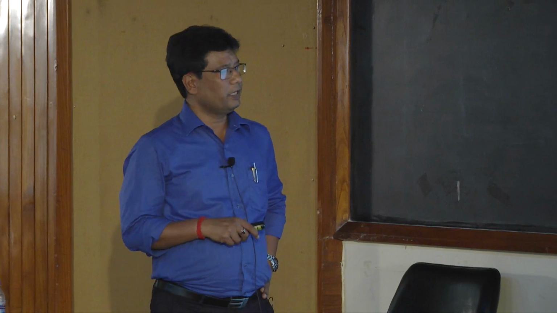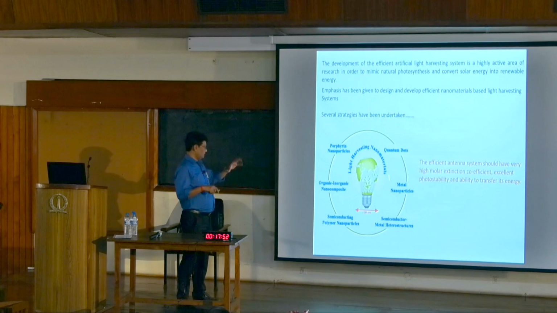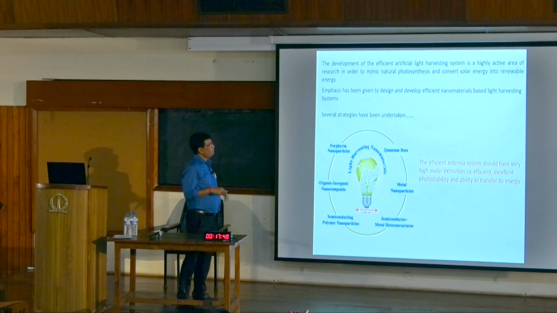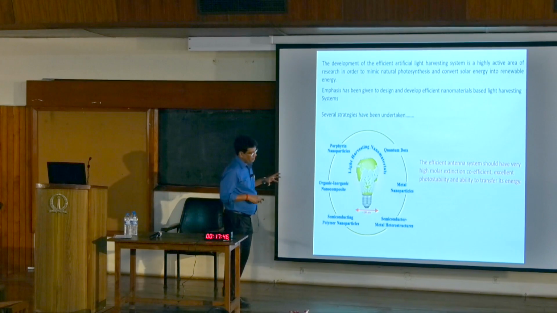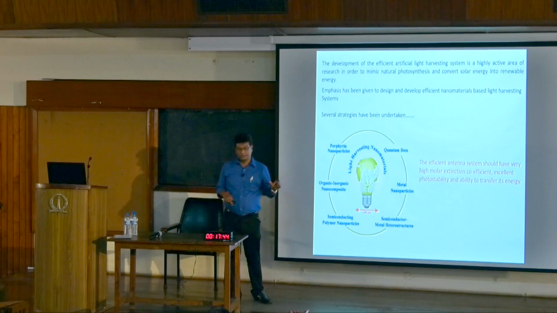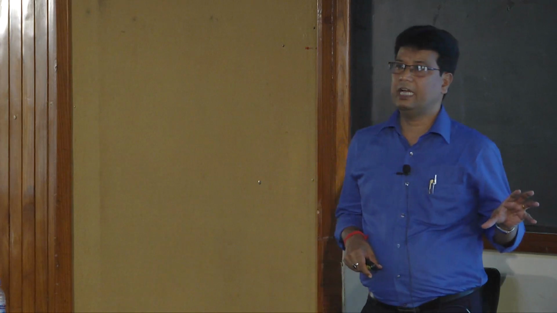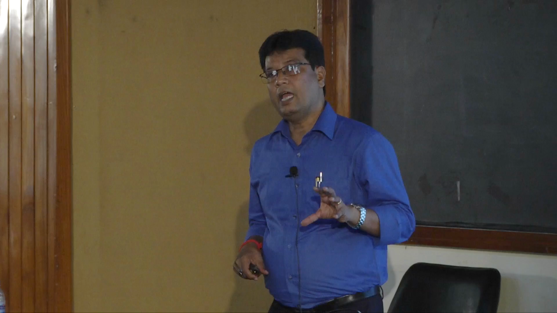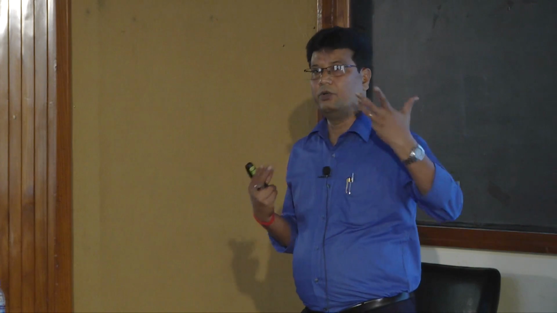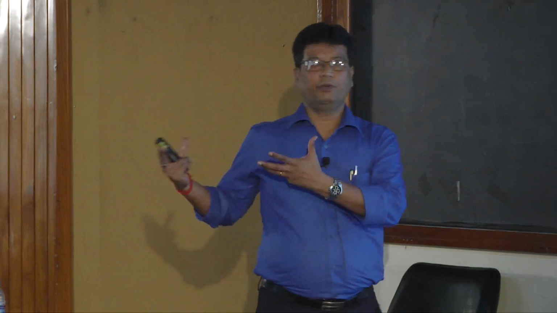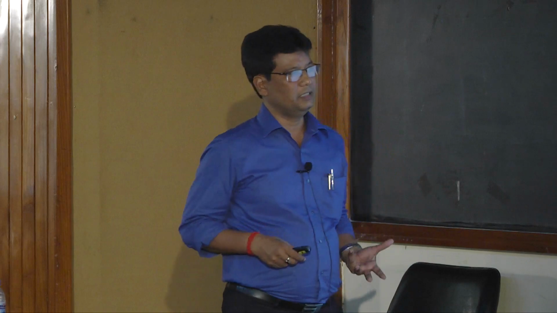Basically we are working on all these different kinds of nanostructured materials. Why are people interested in nanomaterials? Because in any photosynthesis process, you have to have an antenna material that will absorb the light and dissociate electron and hole, which you can then transfer or recombine. This is the process.